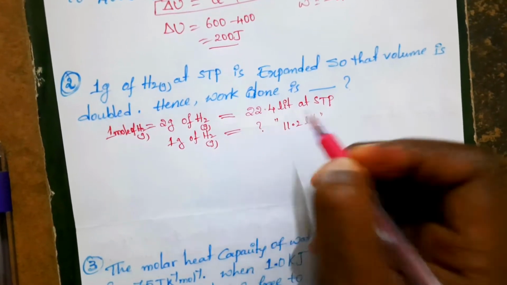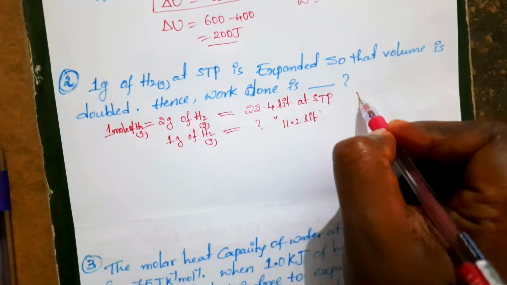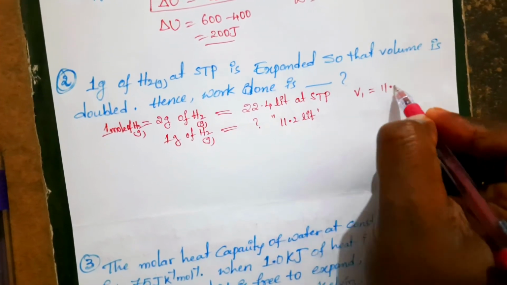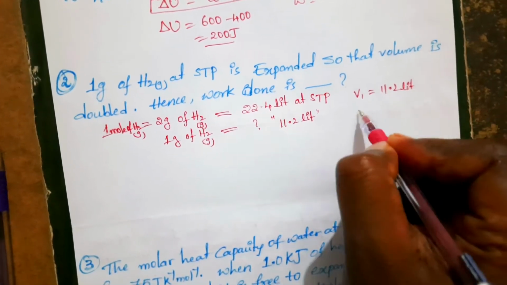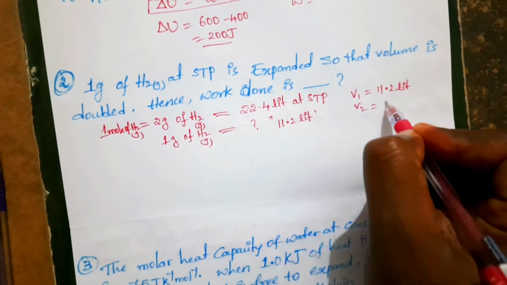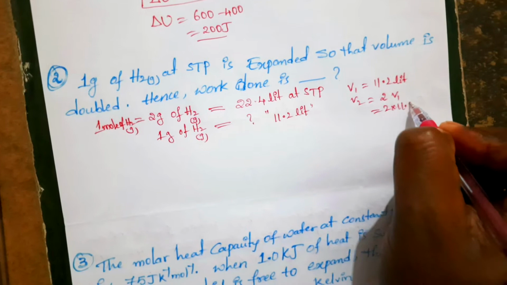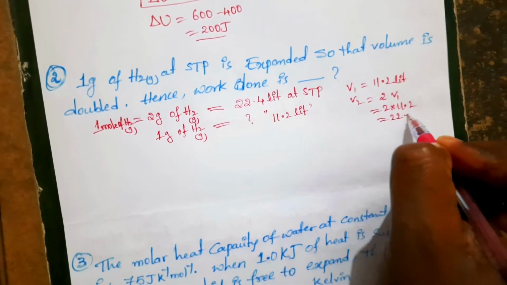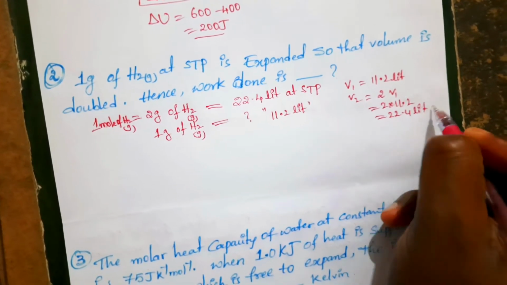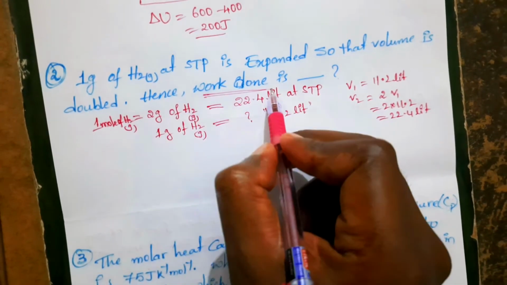So initial volume V1 is equal to 11.2 liter. And V2 is doubled, that is 2 times V1, that is 2 into 11.2, which is nothing but 22.4 liter. Now what they are asking, the work done is how much?